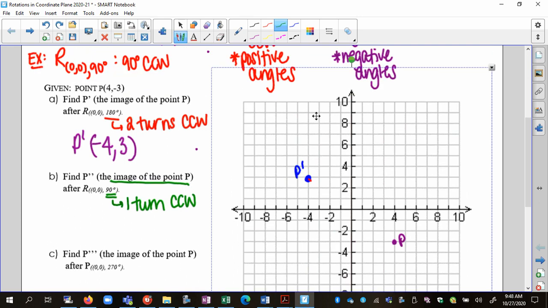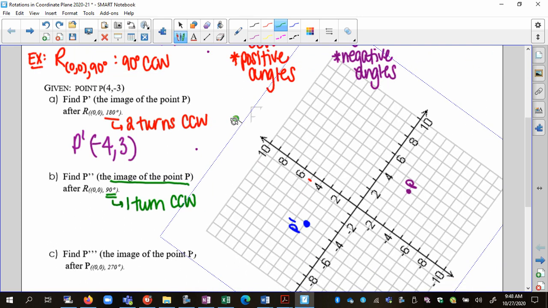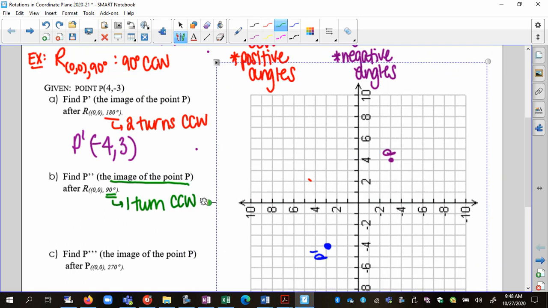So I'm going to take the top of my paper and turn it left, or counterclockwise, 1 turn. And now I'm looking for the image of point P. Remember we said, here's my new x-axis, here's my new y-axis. We said that point P double prime, or the image of P, should be in quadrant 1, which I can see is where it is. So I'm going to copy down those coordinates.